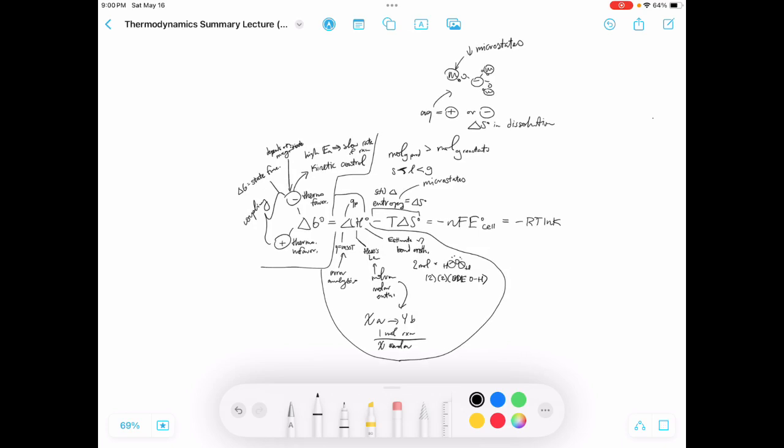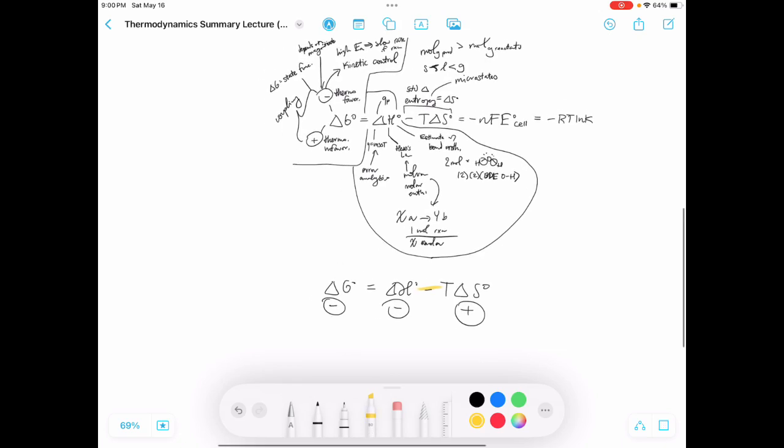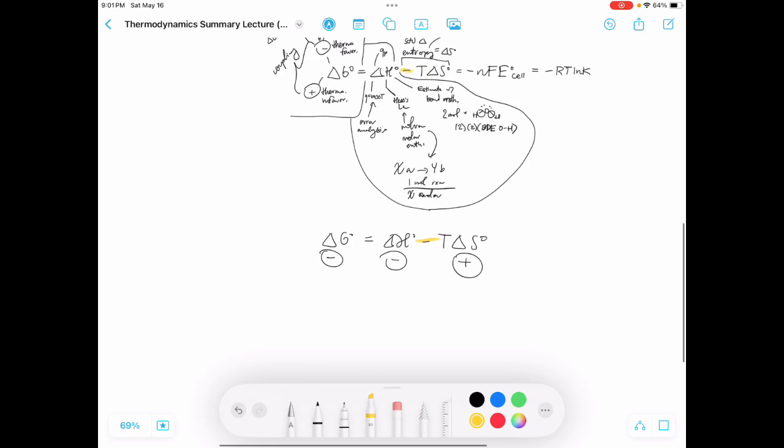So now we have to go back to delta G naught and understand, okay, if I have my enthalpy, I'll draw it down here, delta G naught equals delta H naught minus T delta S naught. If we have a negative delta H naught and positive delta S naught, remember that this negative sign here, you're subtracting that.